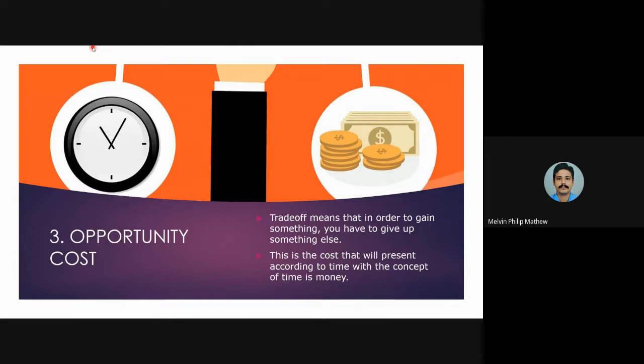Then comes opportunity cost. Opportunity cost is nothing but, during a wastage of time, some work can be done to obtain a certain amount of money from that process itself. As I have already told you, during the design phase, some time is spent on the designing process, and during that time other departments are free.